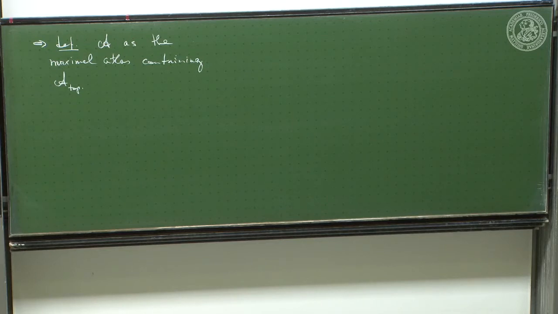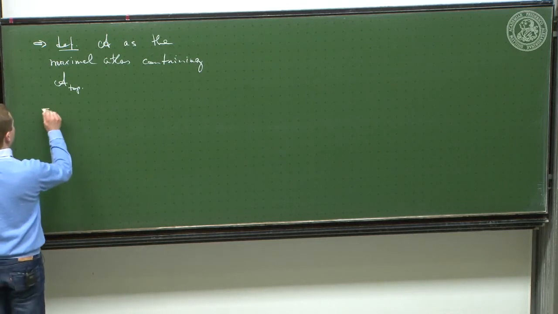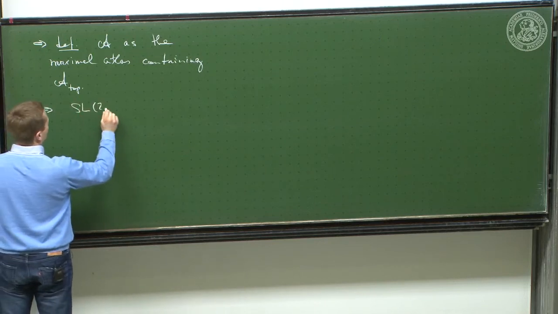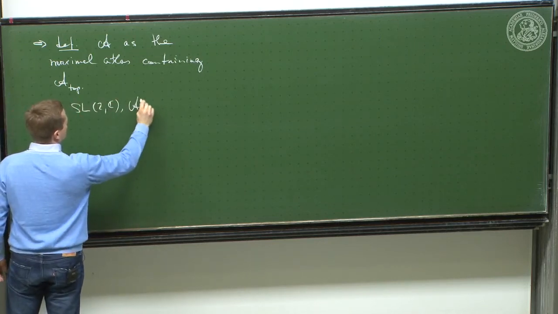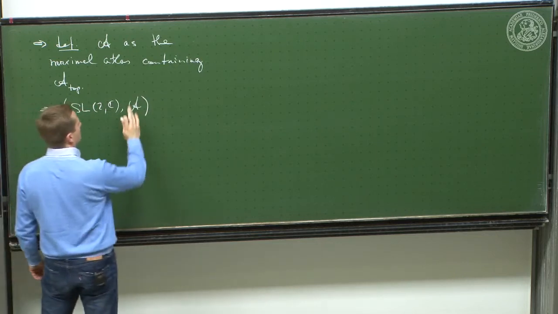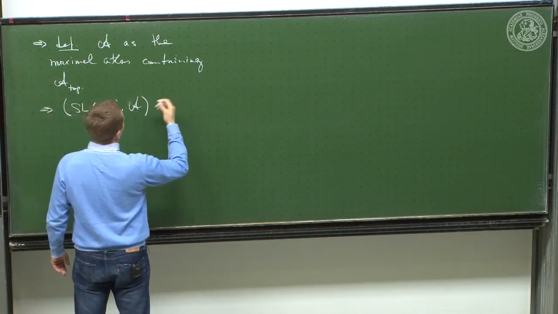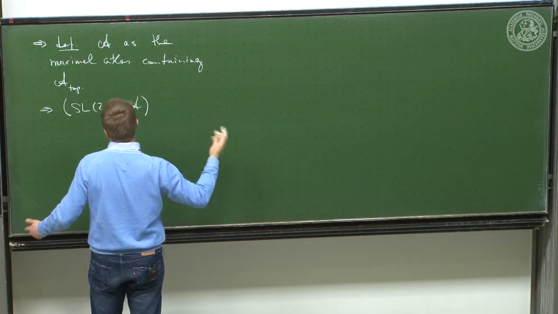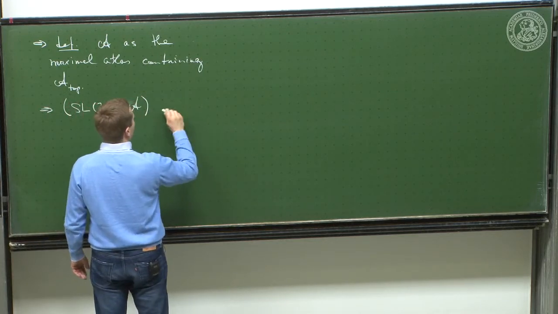You never write it down explicitly, but you draw an element out once you need it, and if you want to have a particular chart, you quickly check whether it's compatible with all the charts that are already in there, and then you may use it. Okay? That's the philosophy. So what do we have? We have, therefore, that SL2(C) with this maximal atlas is a smooth manifold, a complex differentiable manifold, whatever.